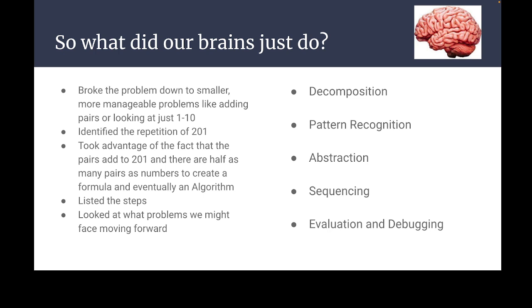Now, in our case, that's not the case. 1 through 10 and 1 through 200 or 1 through 5,000 all work the same, but you might find that your solution doesn't actually solve for the larger problem. And that's where evaluation and debugging and then cycling through, iterating, if you will, through that process really helps.